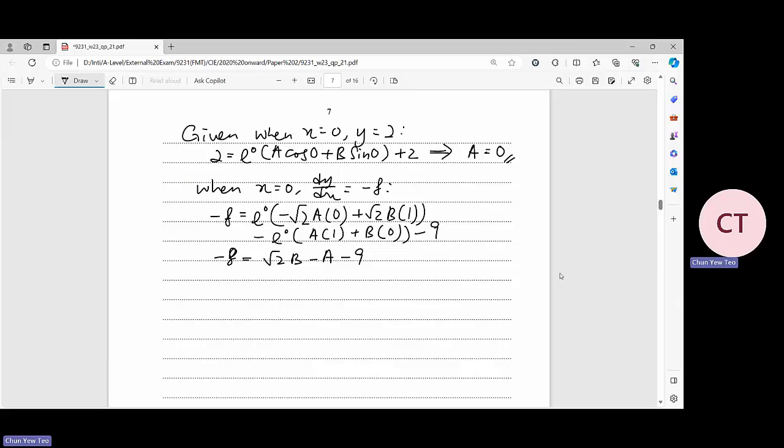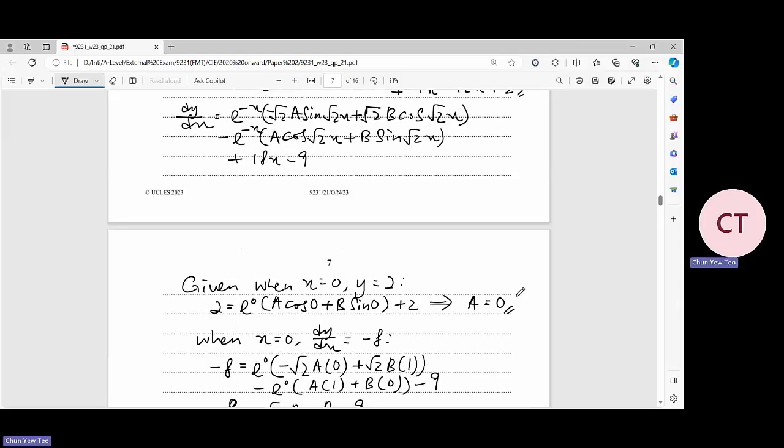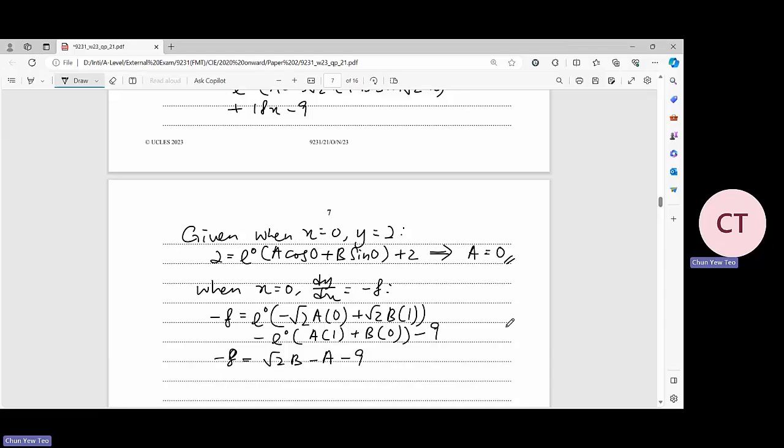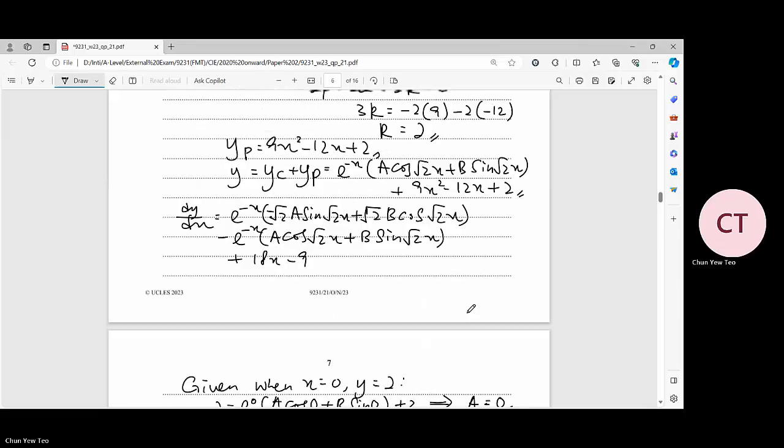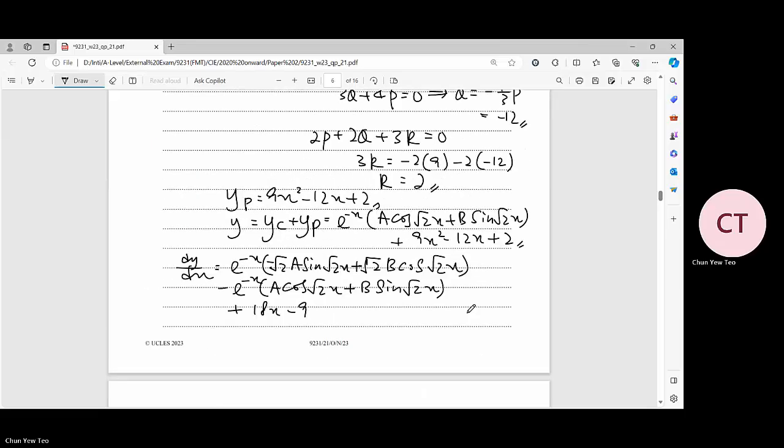Wait for a while. 18x minus 9, x equals 0, negative 9. Oh, I made a mistake. This is negative 12. Differentiating this is not negative 9, it's negative 12.